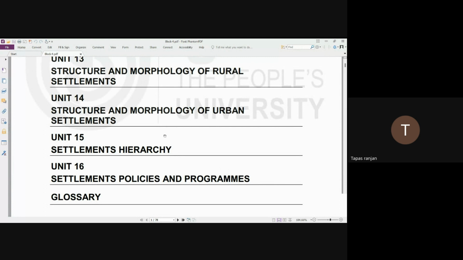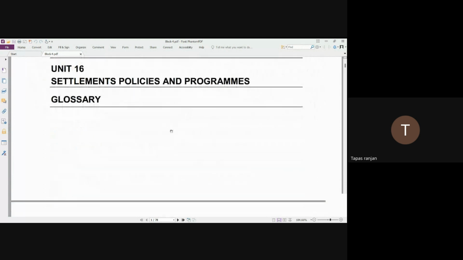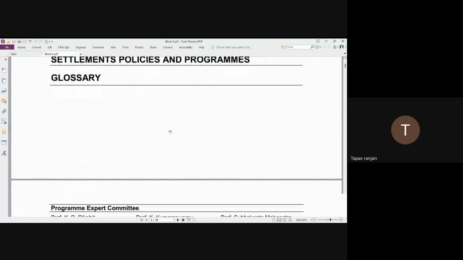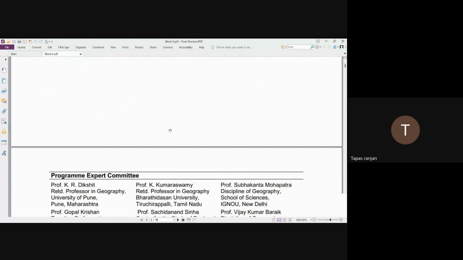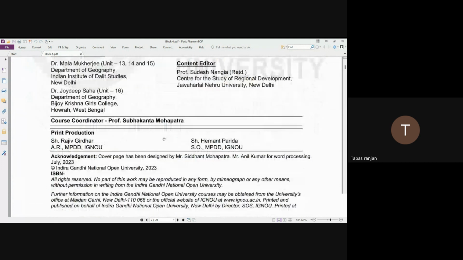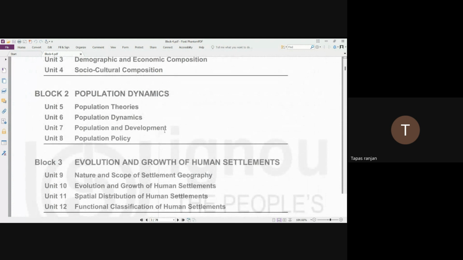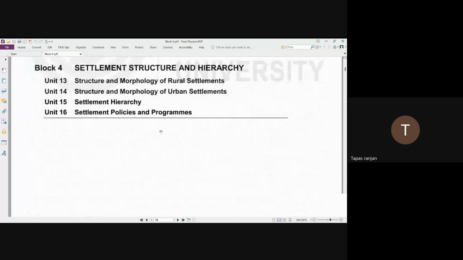So first, let's understand the literal meaning of morphology. Morphology is basically the study of forms, a particular form, shape, or structure. In the previous class also I explained what morphology is. So in settlement morphology, we are basically looking into different kinds of landscape.